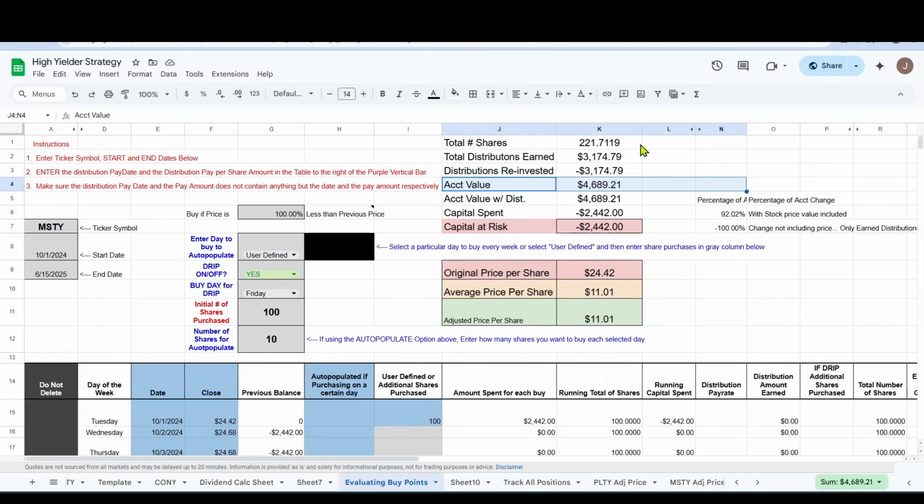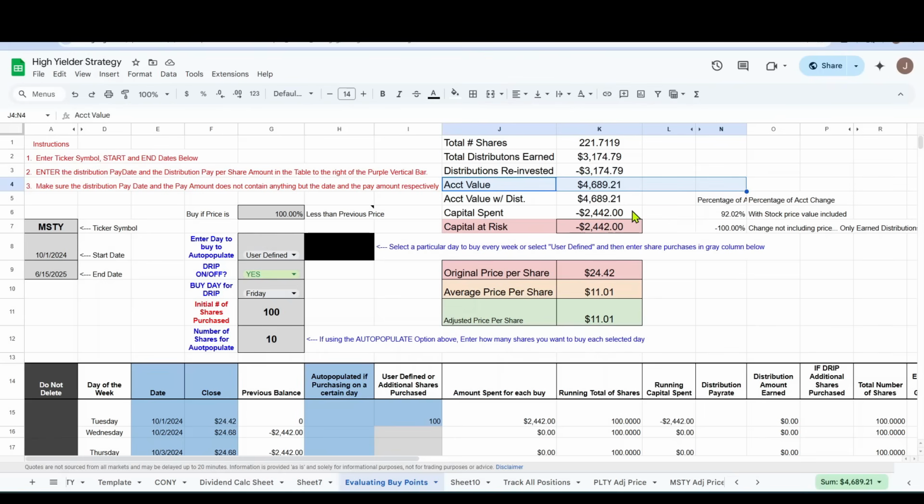But do note that account value right here, that is the important part for you, because you do not want this account value here to start dropping below what you've actually invested into the stock or ETF.